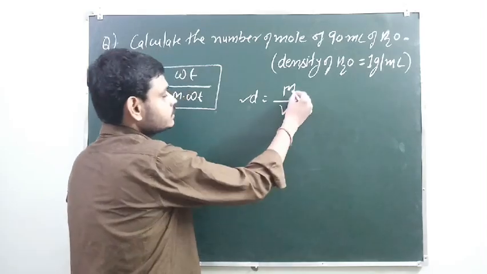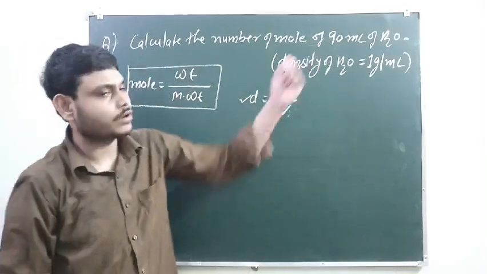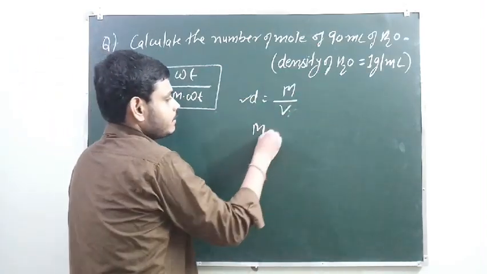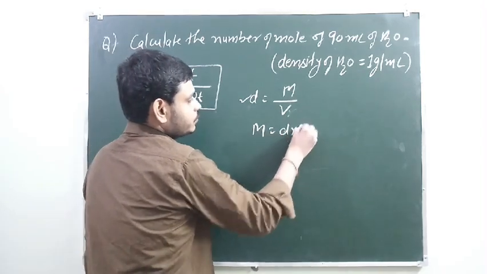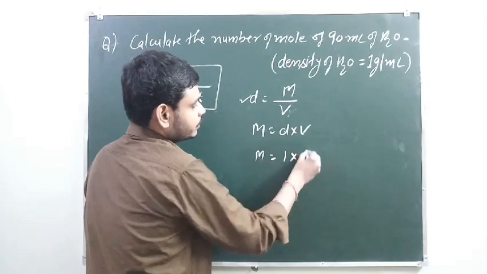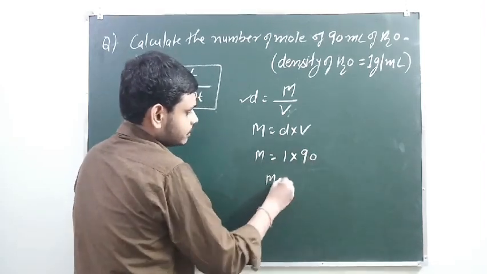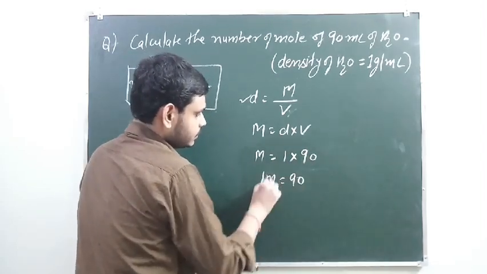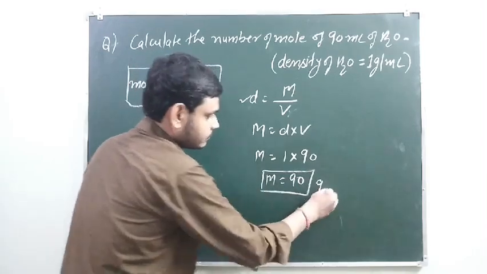So we can calculate the mass of water: M is equal to D into V, that is 1 into 90. The mass of water is 90 gram.